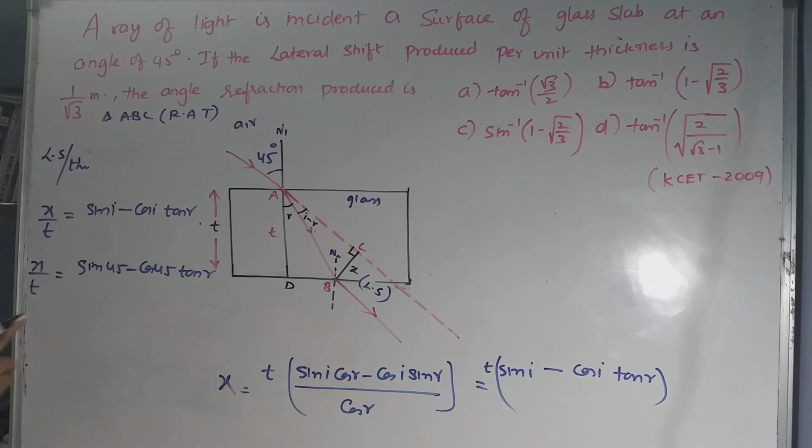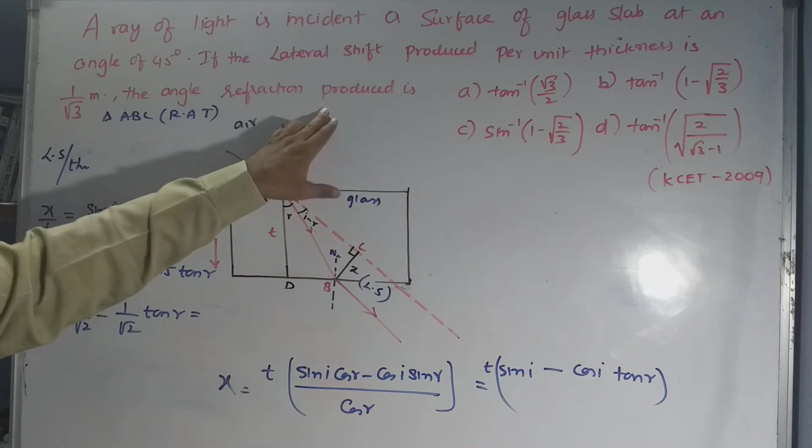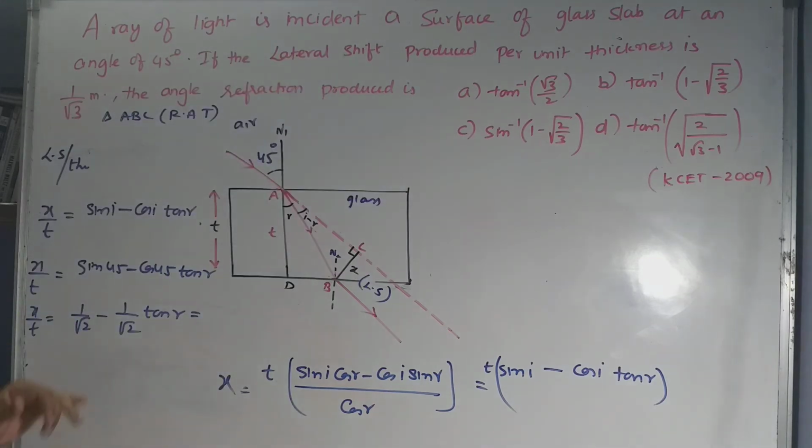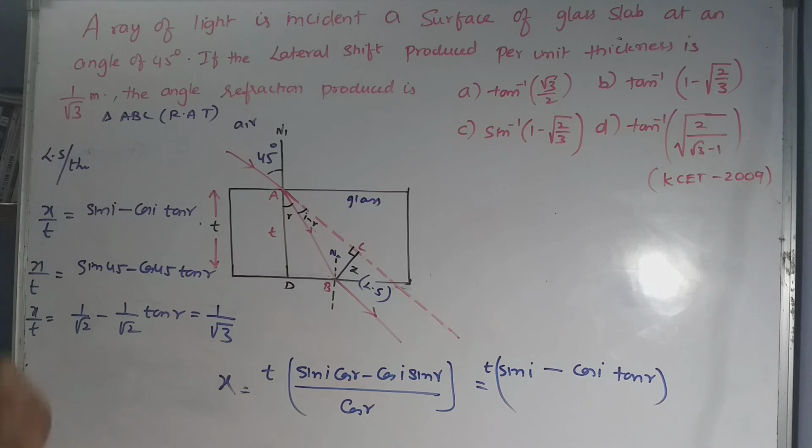Okay, so I have substituted the values of I and r. Then x by t is equal to sin 45 is 1 by root 2, cos 45 is also 1 by root 2, and this is tan r. So according to the problem given over here, he has said that lateral shift per unit thickness, that is x by t, is already given to us, it is going to be 1 by root 3.